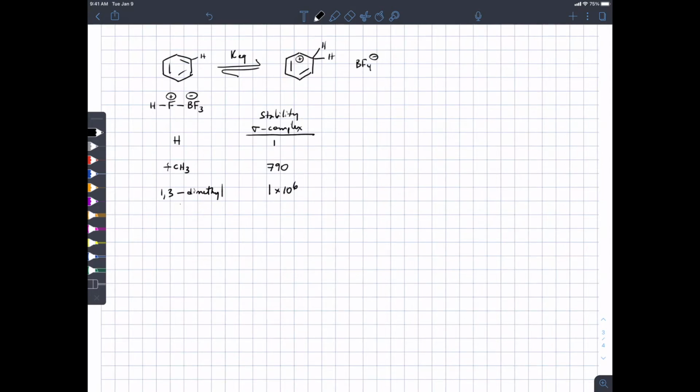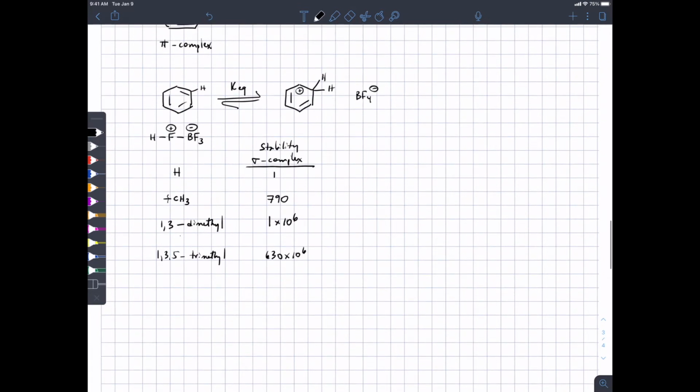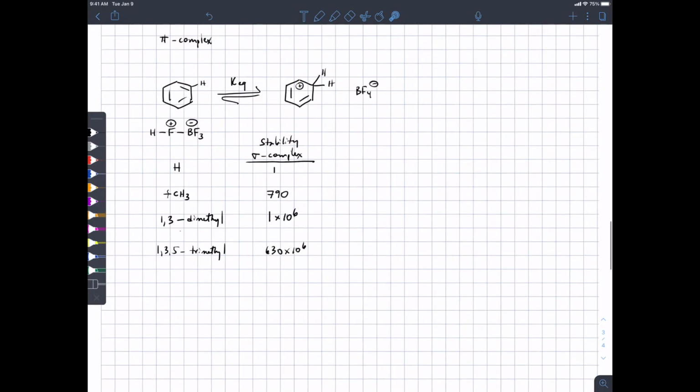Sigma stability goes up like crazy. And if you have 1,3,5 trimethyl, it goes up even more. The stability goes up even more. And this isn't necessarily surprising given what we know about electron donating versus withdrawing groups.